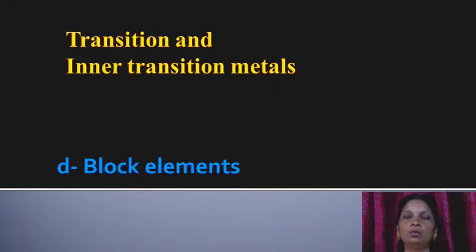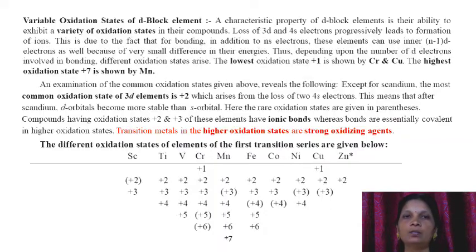And now we are going to start part 2, and in that we are discussing variable oxidation states of D block elements. This is the most important question in this topic. The characteristic property of D block elements is their ability to exhibit a variety of oxidation states in their compounds. What is oxidation state?